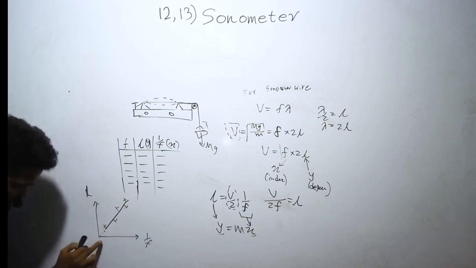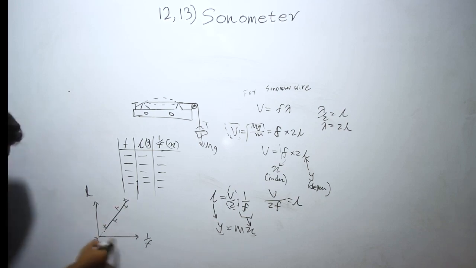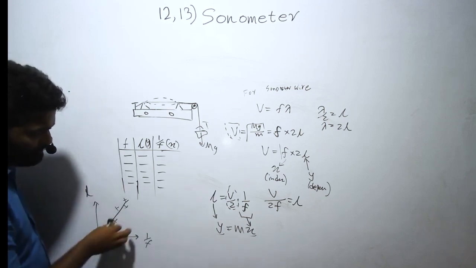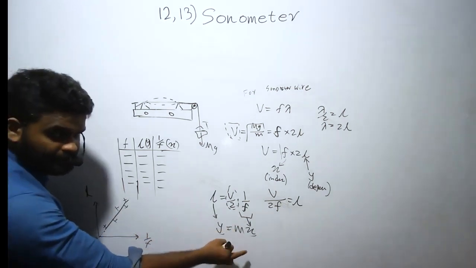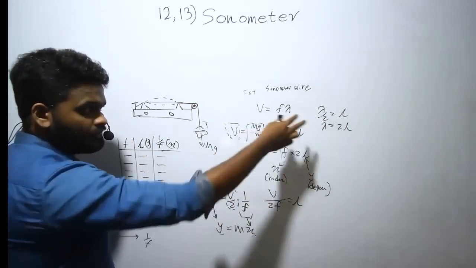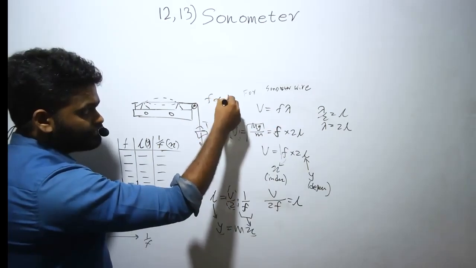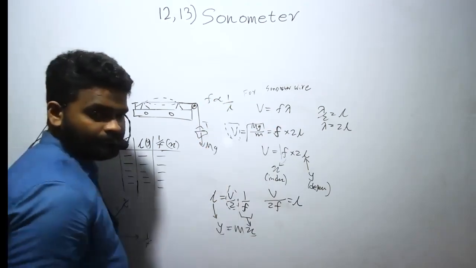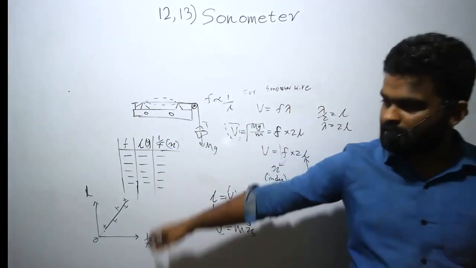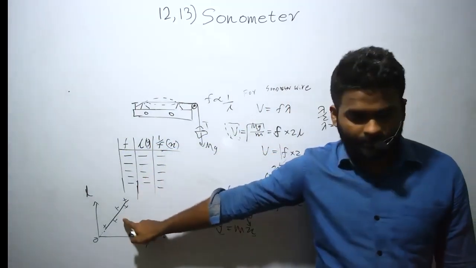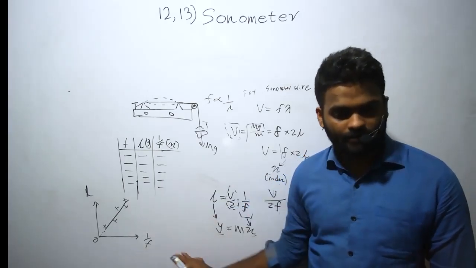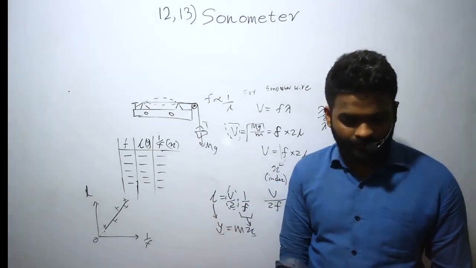Then luckily, if it goes through 0, then you successfully verify that this is y equals mx. Once you verify this, you can go backwards. You verify f proportional to 1 over L. So that is how you do the verification. Take it down. First the table, then the graph, right? Below everything, right?